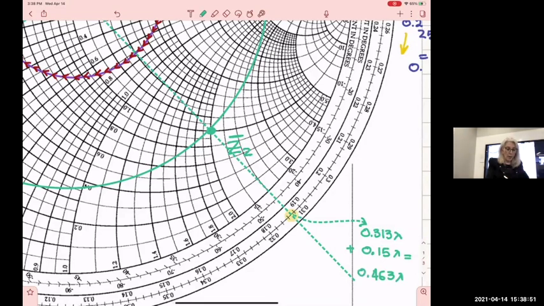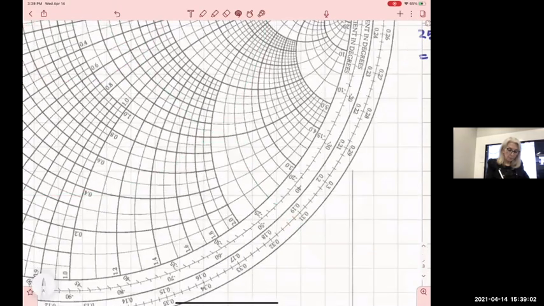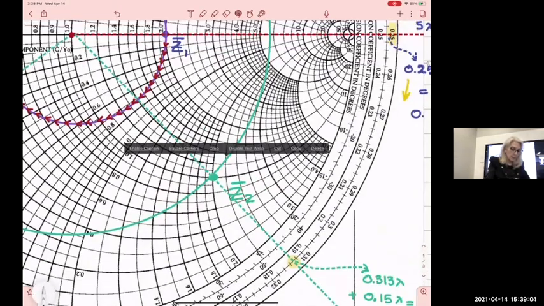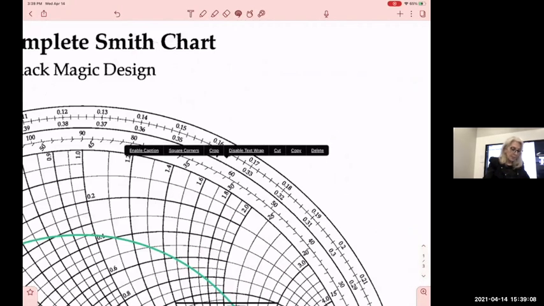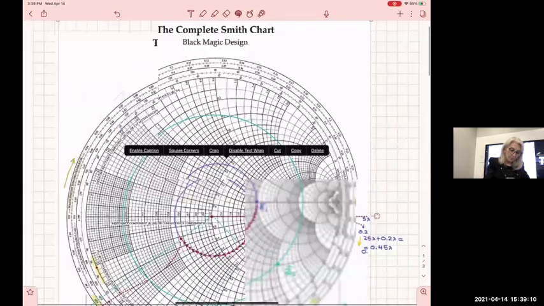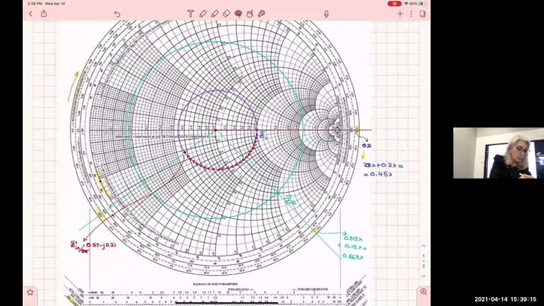So from where I am, from this point, which is at 0.313, I have to move to this point.